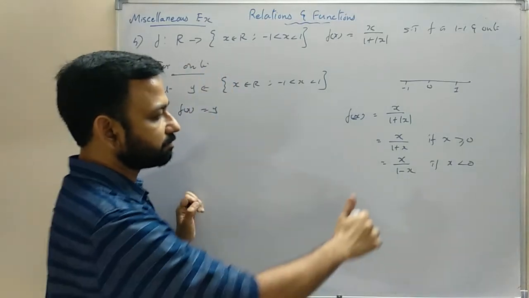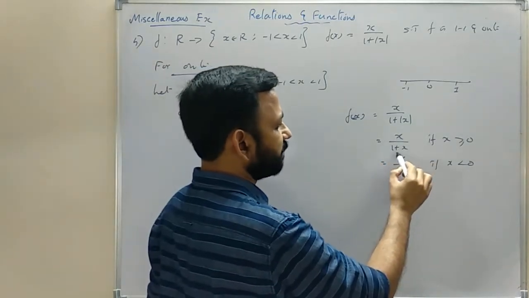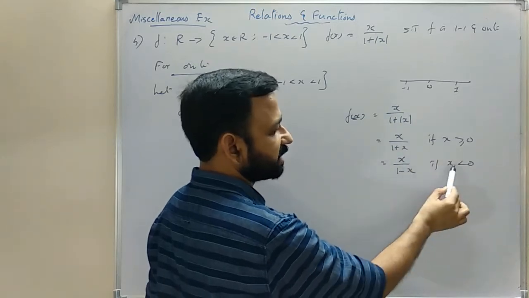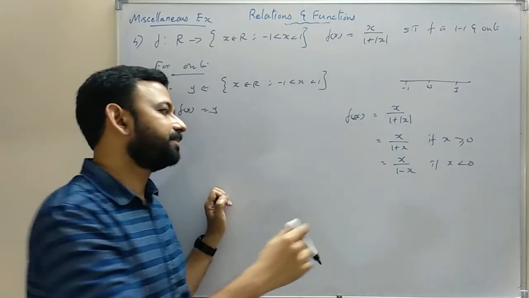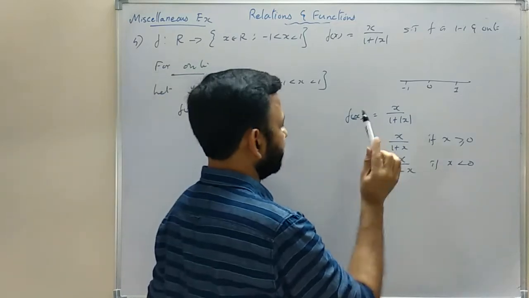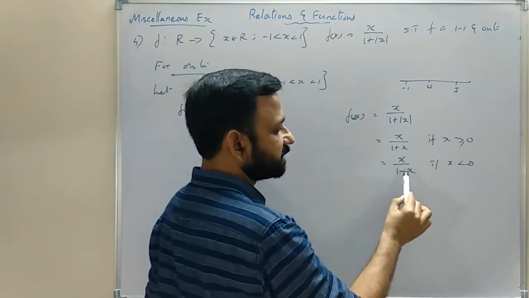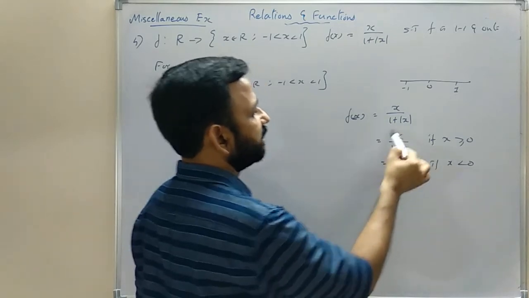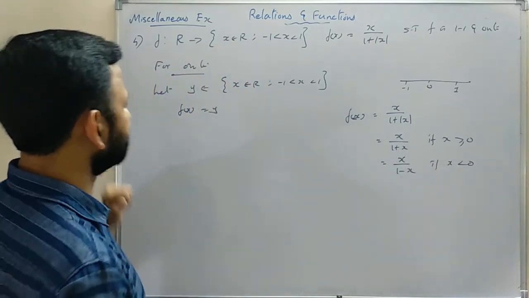Here x upon 1 plus x, this function is positive, and if x less than 0, that means x is negative, then here numerator negative, and here 1 minus a negative number, that is positive. So this value will be negative and this value will be positive. So f of x is equal to y.